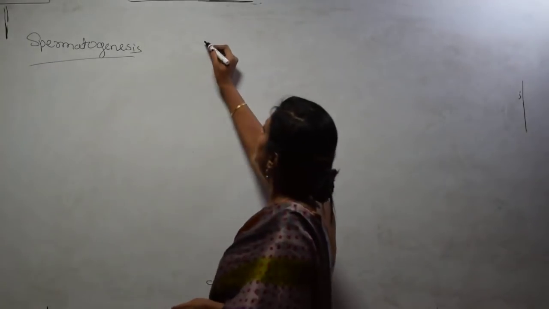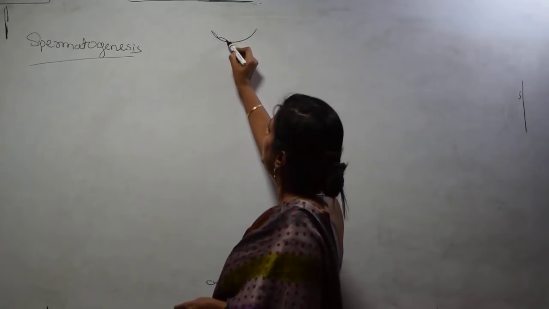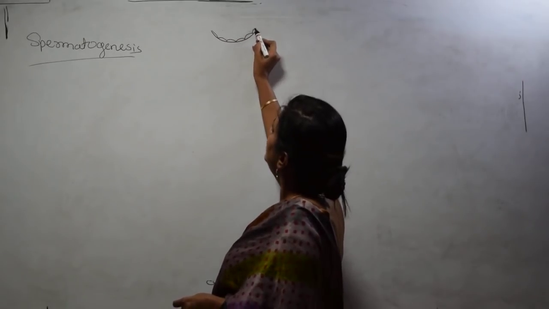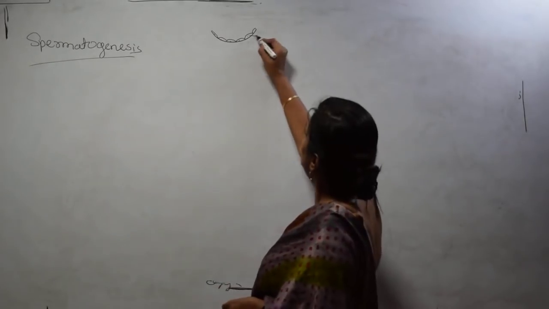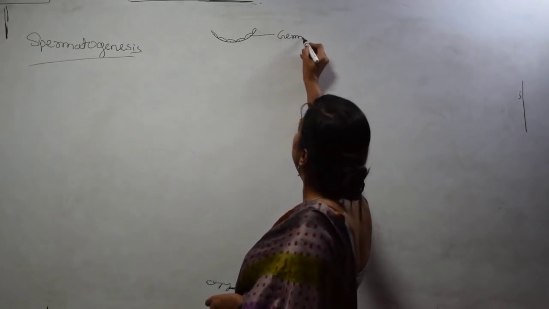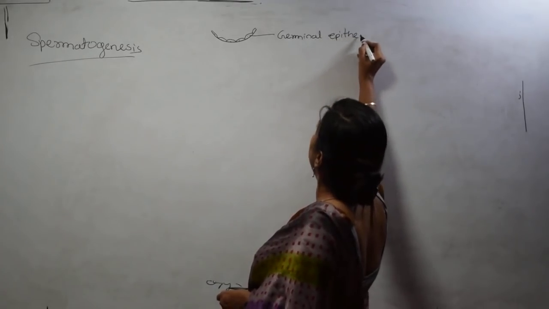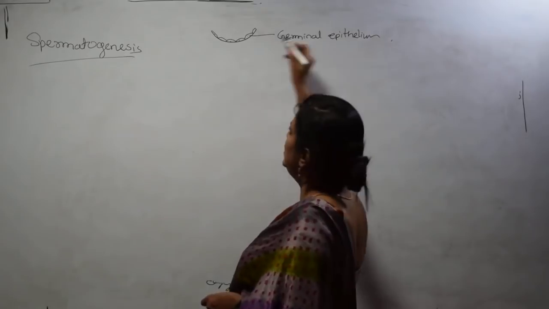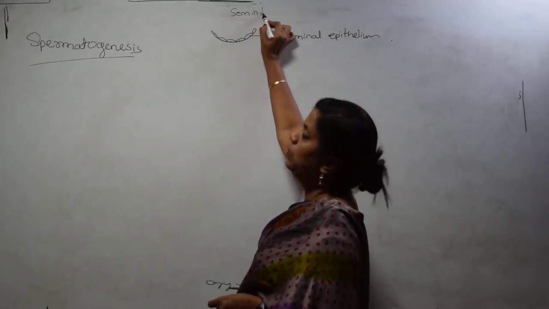So, let me begin with the first step. This is the first lining I am just drawing for you. This is the lining of the seminiferous tubule, and these are all called the germinal epithelial cells or germinal epithelium. Okay? This is the structure of a seminiferous tubule.